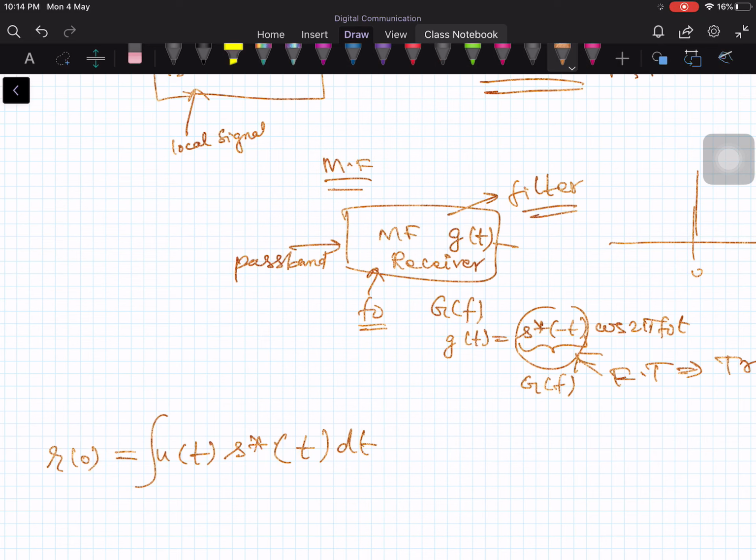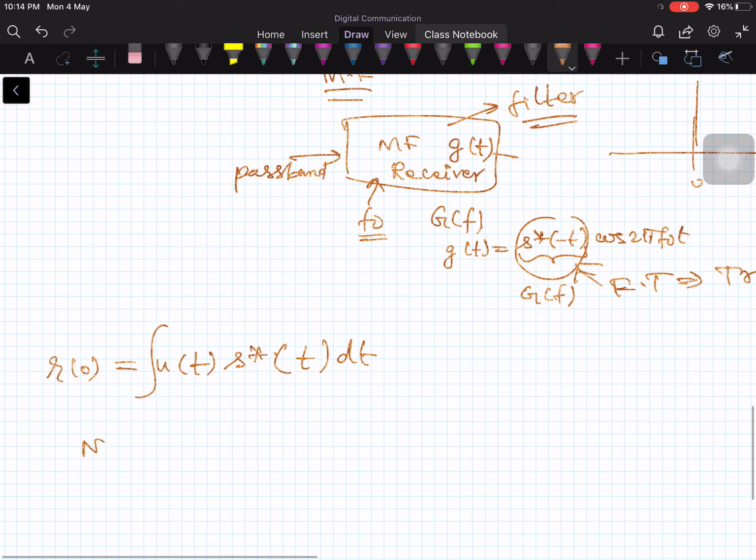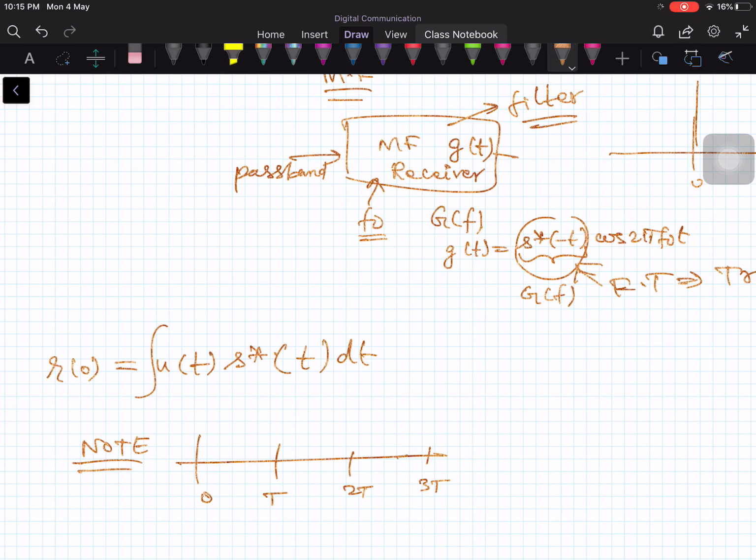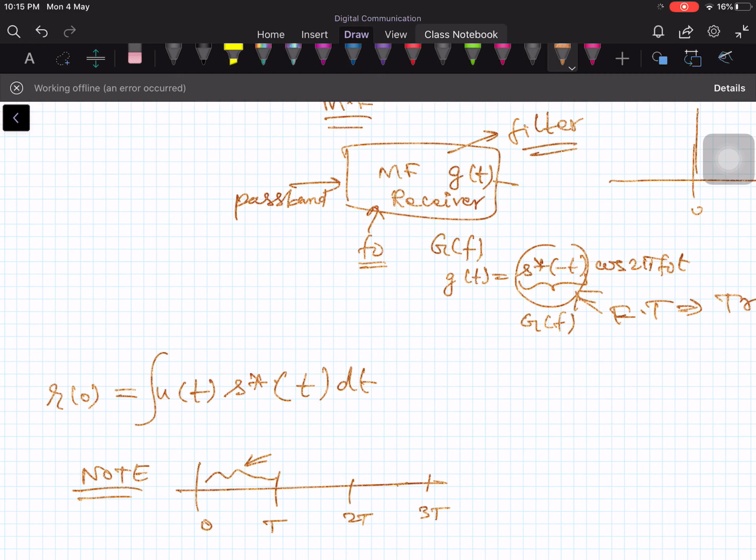But there is one important point that one should remember. Suppose you have a symbol interval, let's say 0 to t, then 2t, then 3t, and so on. You integrate up to this duration. Once the integration is over, then for the next bit interval, you have to reinitialize the integrator.